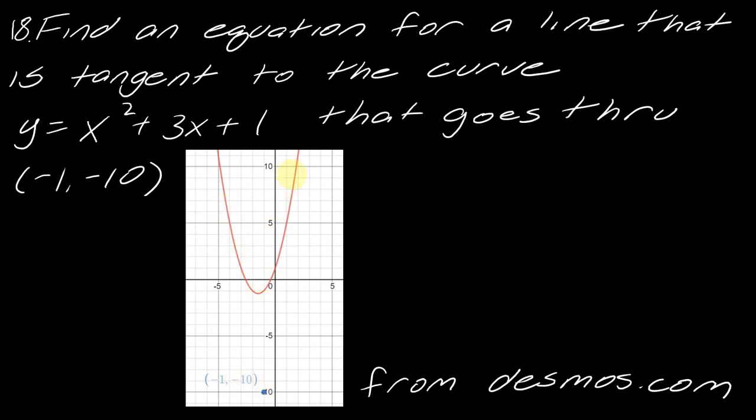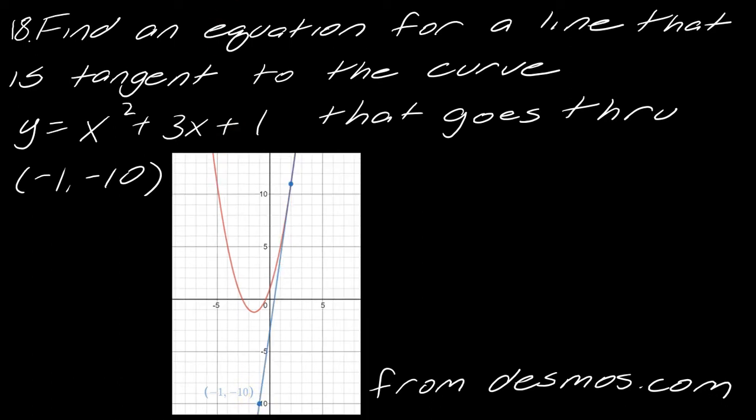So what we're trying to do is find what point on the curve has a tangent that would go through this point here. Here's some point. I don't know what this point is, so we have to figure that out. This is going to take some definite work.